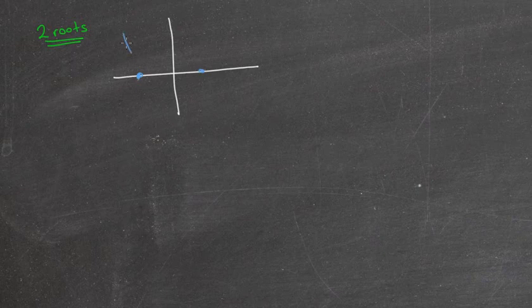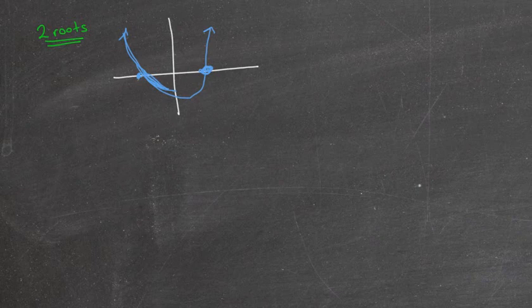The second thing we spoke about is what happens when you have two roots. When you have two roots of an equation, that means you have two x-intercepts. So you'll get a parabola that goes through the x-axis twice.